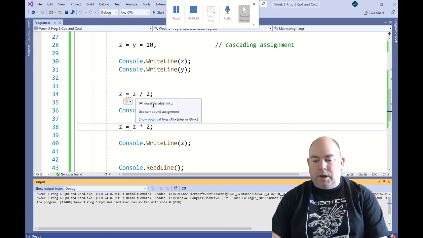So I changed z down to a 5, then I multiplied it back up to a 10.